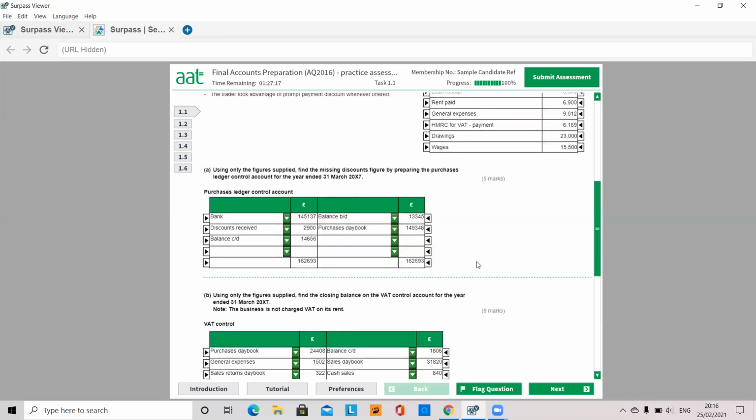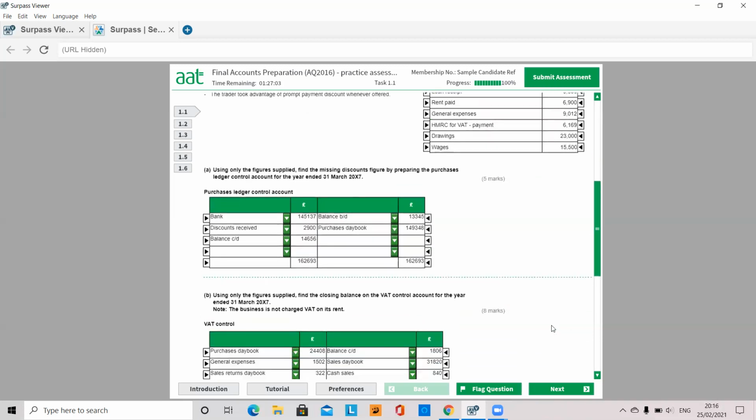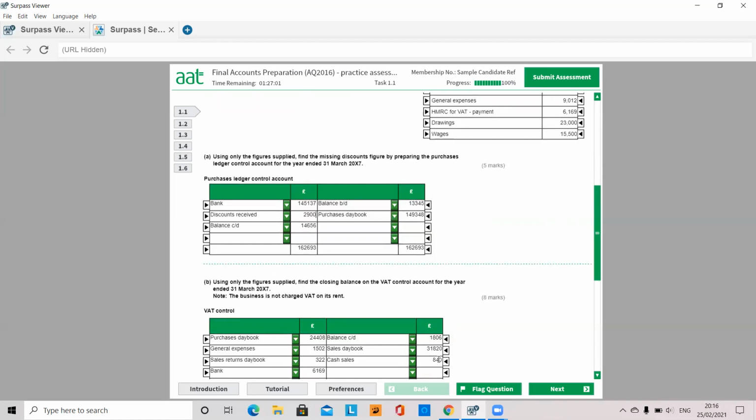It did tell us in the question that we had some cash sales as well. So cash sales were 4,200. And the VAT on that, 10% is 420, so 20% is 840. So on cash sales, it was £840, okay?